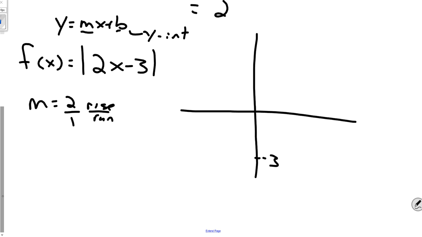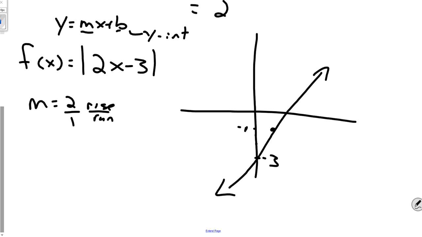Okay, so rise over run, so that means you go up 2 to 1, -1, and over 1. So that's my original graph there, okay?